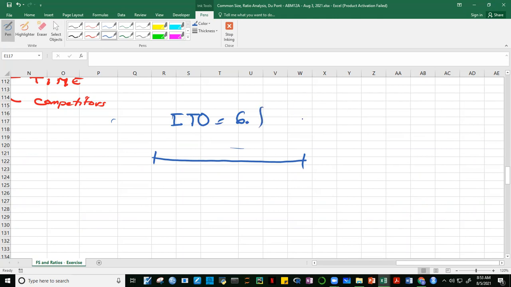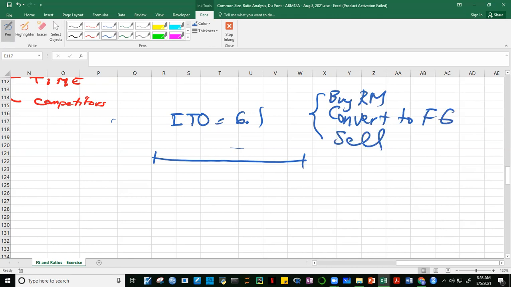Inventory turnover tells us how many times a year does a company, okay, ano ba yung proseso niya? Buy raw materials, convert to finished goods, and then sell. Okay, so that's the process, no? Buy raw materials, convert to finished goods, and then sell.